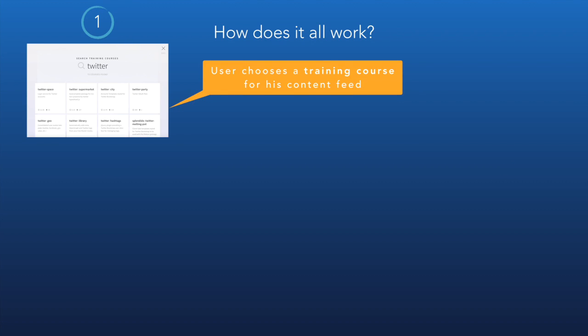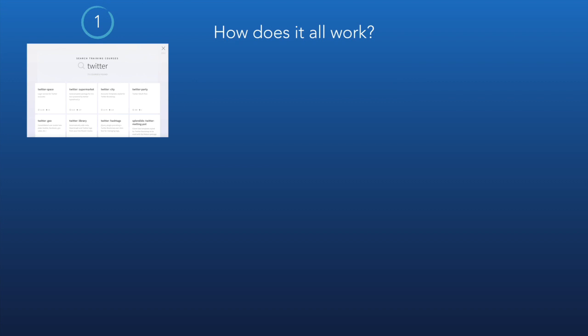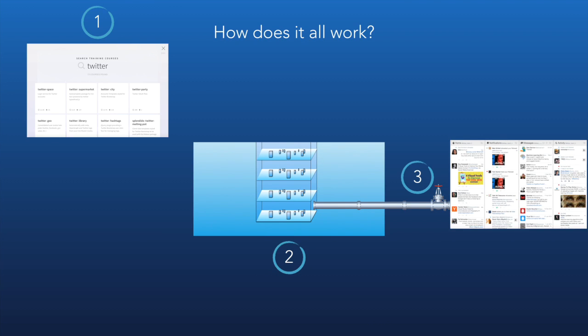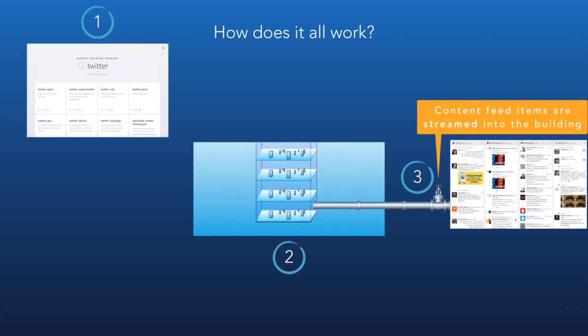So we start by the user choosing a training course for his content feed. We then have a building created for that content feed in the Matrix Cloud. Then we need to start streaming items from the content feed into that building using something we call a data pipe.